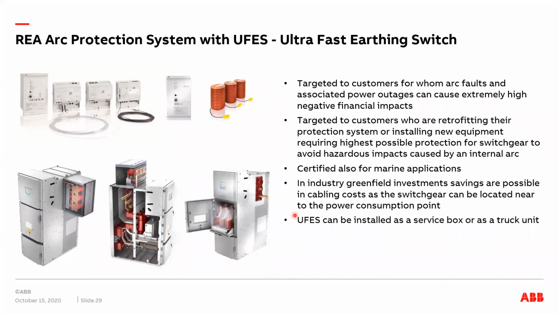Then additionally, for arc fault protection, ABB offers the so-called UFES, ultra-fast earthing switch, and it can be combined with the REA system. This is targeted to customers for whom arc faults and associated power outages can cause extremely high negative financial impacts.